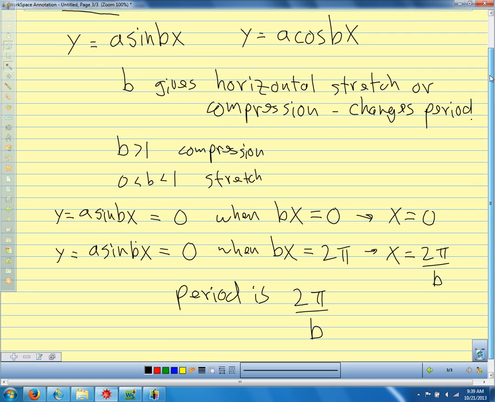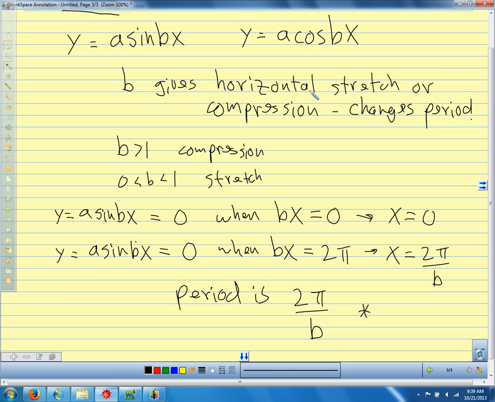So when I have y equals a sine bx or y equals a cosine bx, our period is 2 pi over b. So when b is greater than 1, my period gets smaller. When b is a fraction, my period gets longer. And when we go to graph these functions, we go through the same process. We still have key points every quarter of a period.